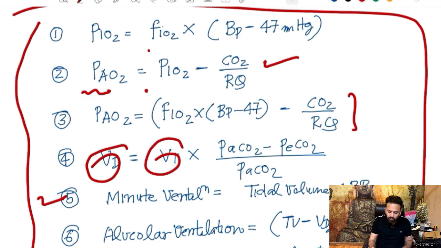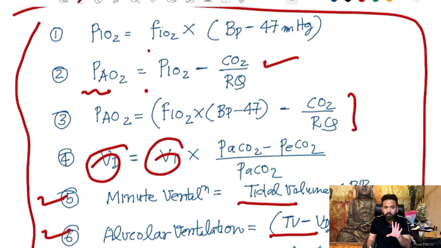Minute ventilation is equal to tidal volume into respiratory rate. Alveolar ventilation is equal to tidal volume minus dead space into respiratory rate. Physiological dead space is equal to anatomical dead space plus alveolar dead space, or you can say 2 into body weight in pounds, sorry, it is only body weight in pounds, but in kilograms it is 2 into body weight. So you can take a screenshot of this. Okay, so thank you.